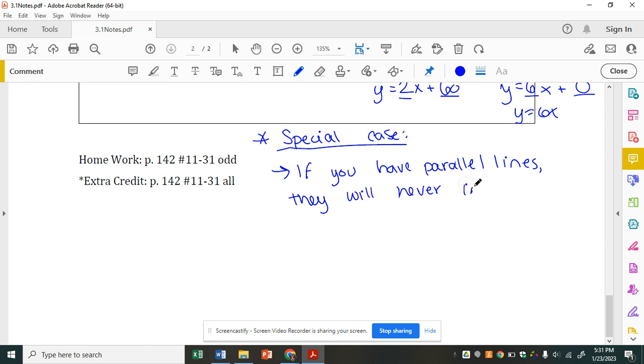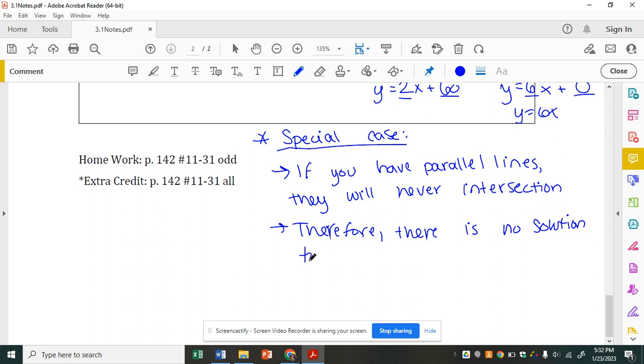If they never intersect, and the intersection of lines is the solution to the system, then there's no solution if your lines are parallel. Okay. The intersection is always the solution to the system, but if you have parallel lines that never intersect, then there can't be any solution.